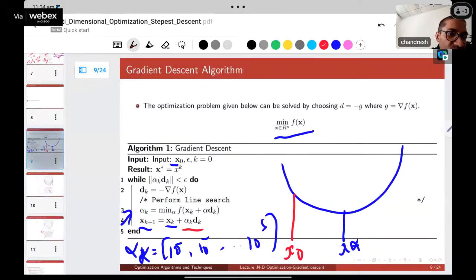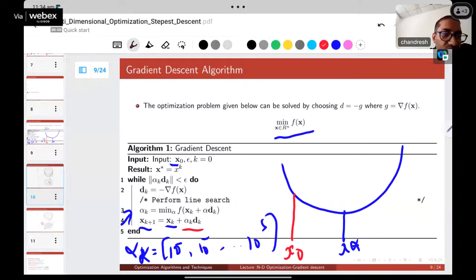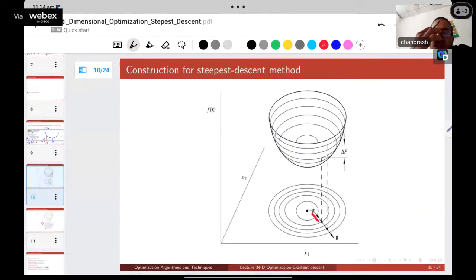Let me give you something. Look at this picture, the bowl example that I was talking about. This is the bowl, three-dimensional. If I take slices, I will get these concentric circles.